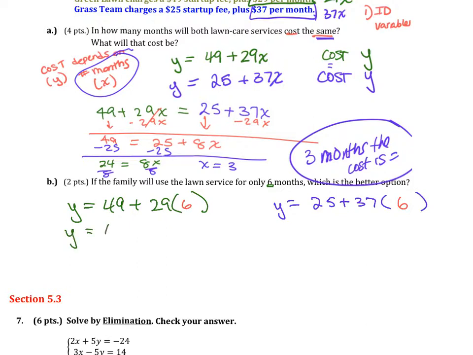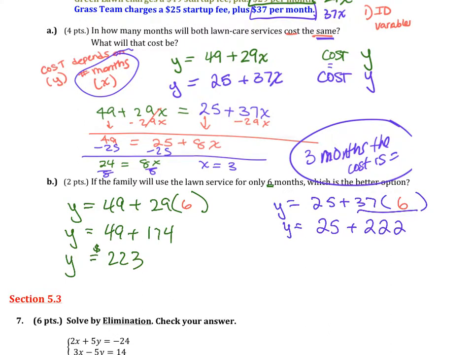The cost of the green is going to be 49 plus 174, which gives you $223. So the first green guy is going to cost $223 for 6 months. For the blue one, 25 plus 37 times 6 is 222.